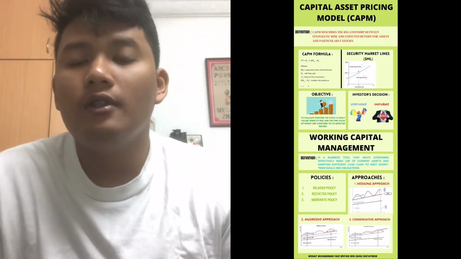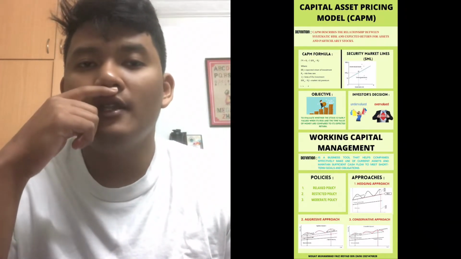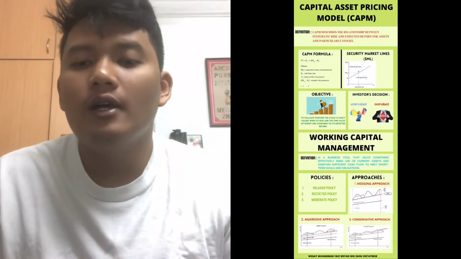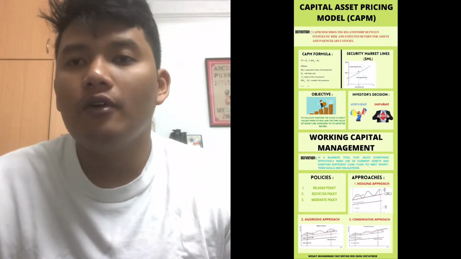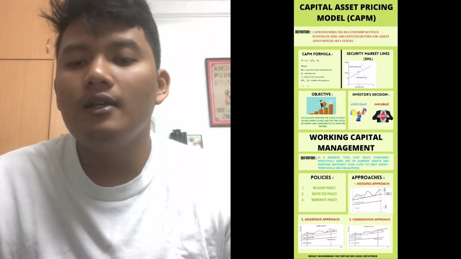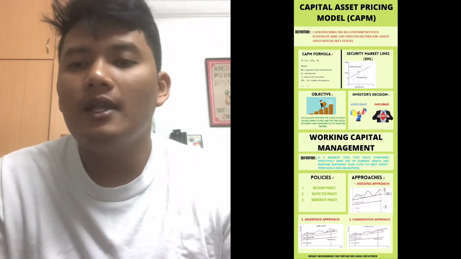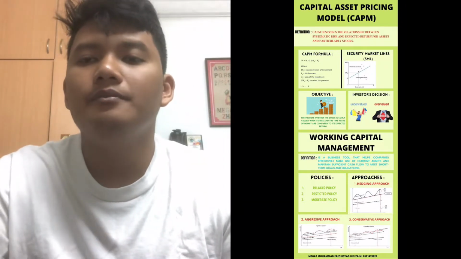As we can see on the infographic, ER stands for expected return of investment, RF stands for risk-free rate, BI or beta stands for beta of the investment, and ERM minus RF stands for market risk premium.